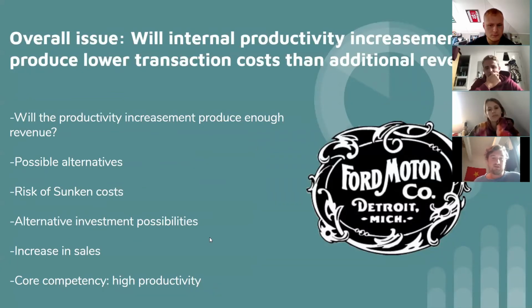For Ford, it is important to know whether fast production is a core competency, in contrast to communication or maybe individual customization. Now I want to give the word to Wesley.